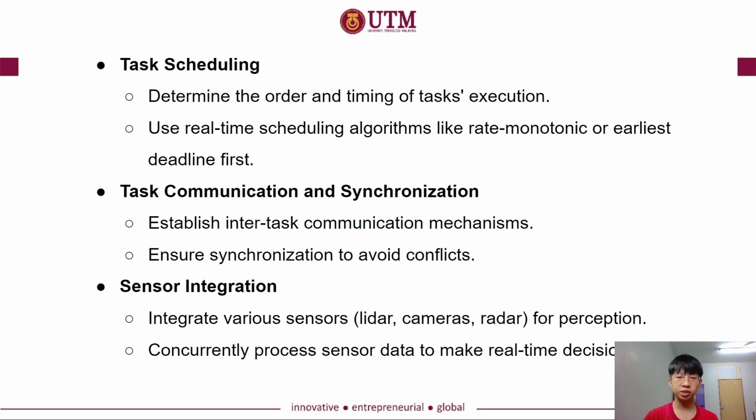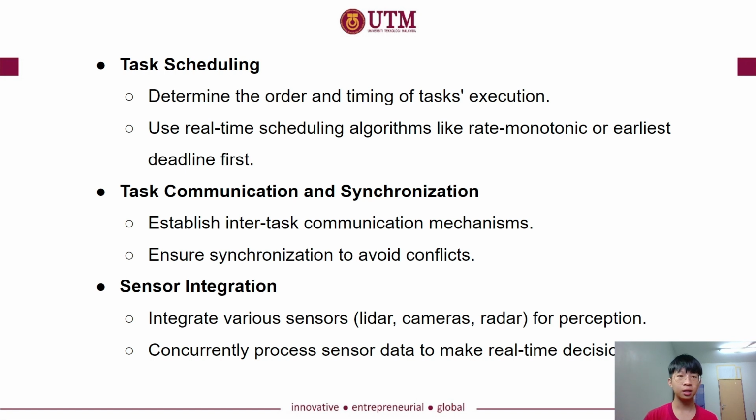Task communication and synchronization establish inter-task communication mechanisms and ensure synchronization to avoid conflict. Lastly, sensor integration integrates various sensors like LiDAR, cameras, and radars for precision, and processes sensor data to make real-time decisions.